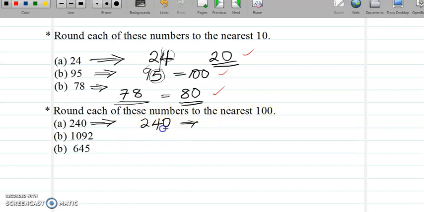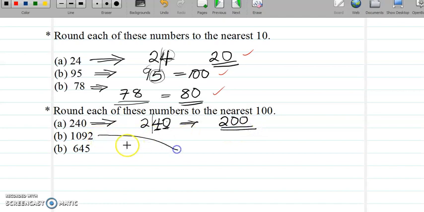So that means that we are converting these two numbers to zeros. Since it is double 0, we have 1, 2. Now, the last number ended with a number that is less than 5. That means that we are rounding it what? Down. So this will now be what? 200 to the nearest 100.